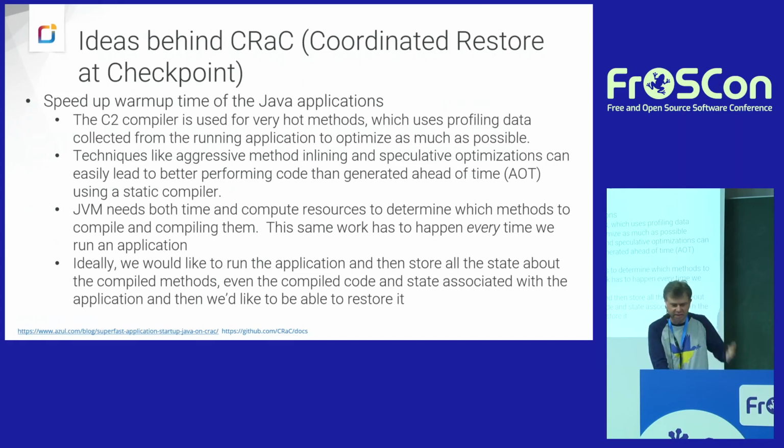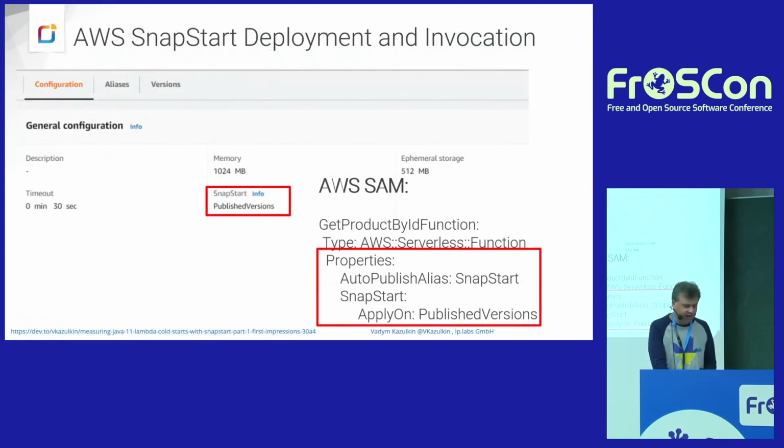They are just not interested in Java specifically; they are doing this generically. And SnapStart you can enable on the Lambda function. It's your decision. It can be enabled individually on each Lambda function, and it's simply in the configuration. You select SnapStart. With infrastructure as code, like the Serverless Application Model, you simply put that you would like to have SnapStart, and that's it.